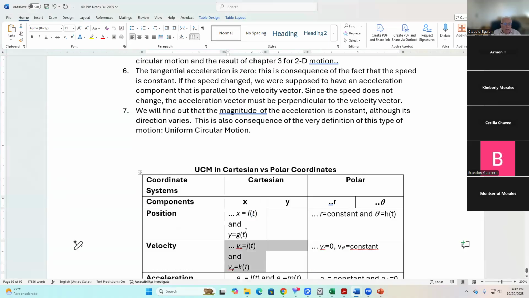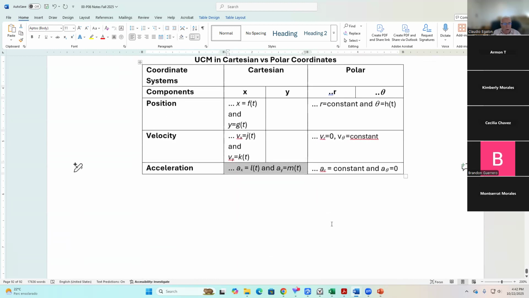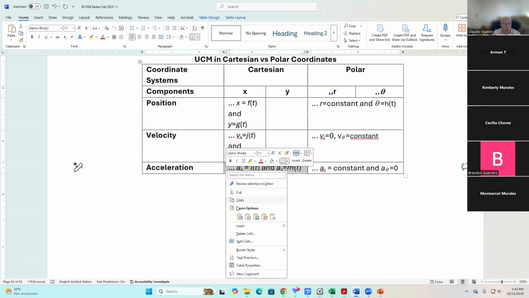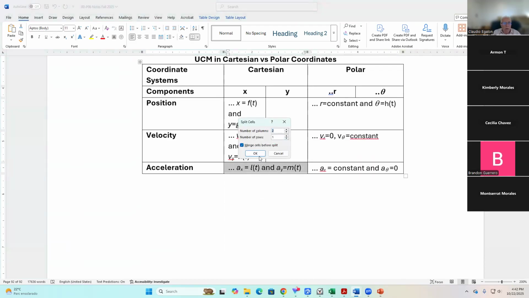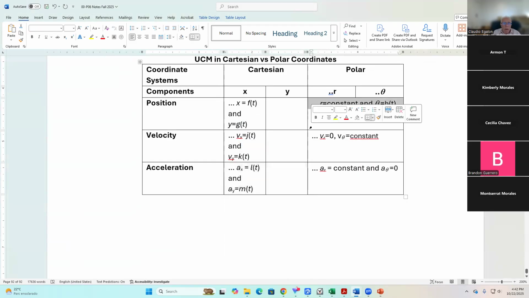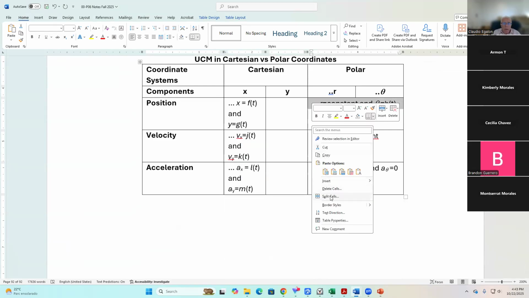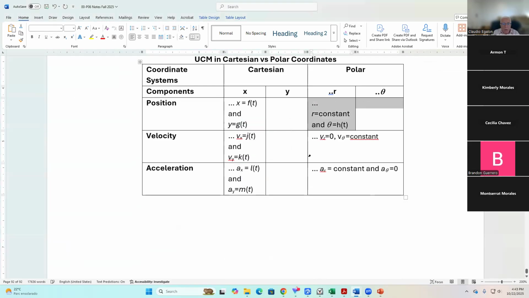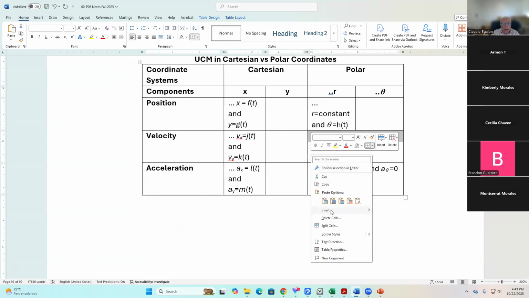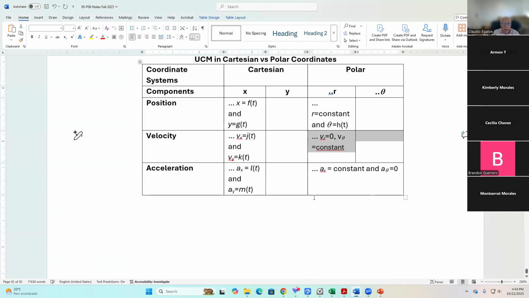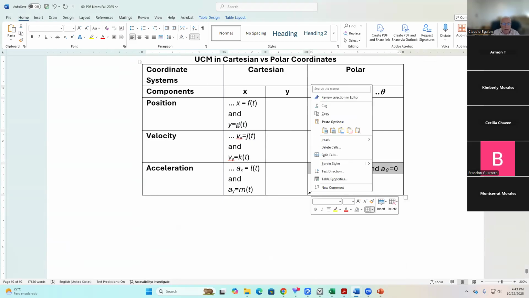I'm just making this thing look better. Split cells. Okay, here goes. Split.